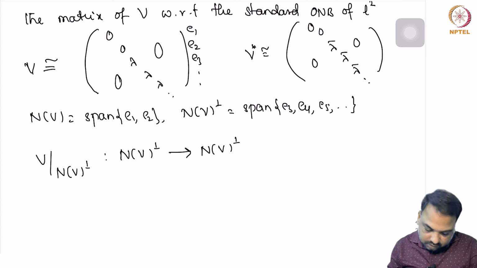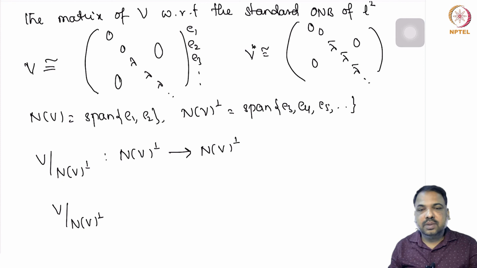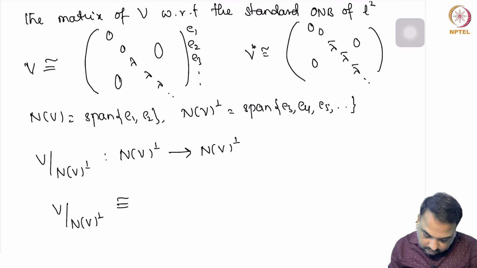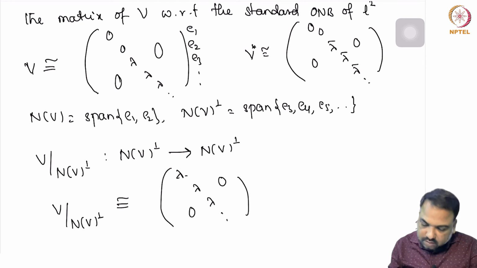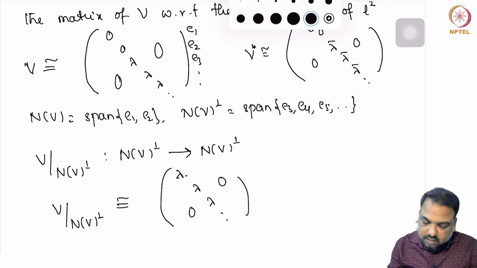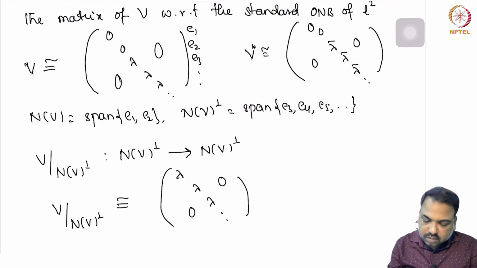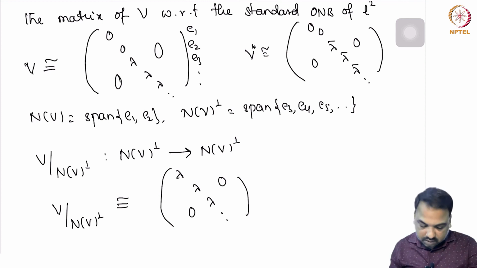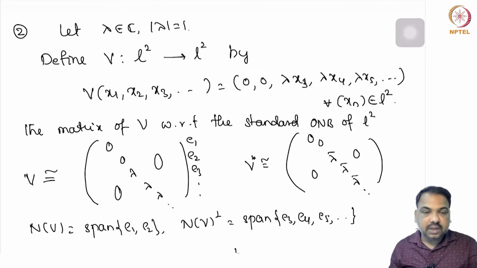And the corresponding matrix with respect to the standard orthonormal basis of this space, that is span of E3, E4, E5, and so on, is lambda, lambda, lambda, and so on. So this is lambda times the identity operator on this space. Hence this particular restriction is an isometry. Hence we can say that the original map is a partial isometry.